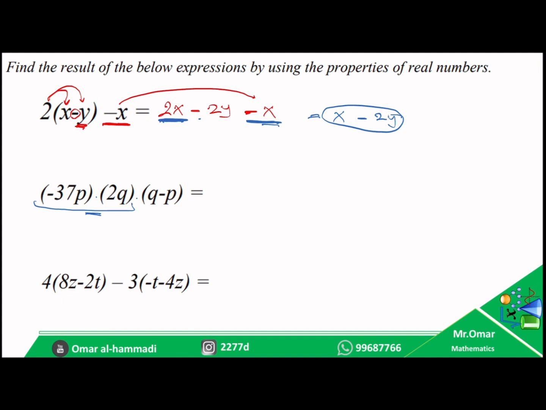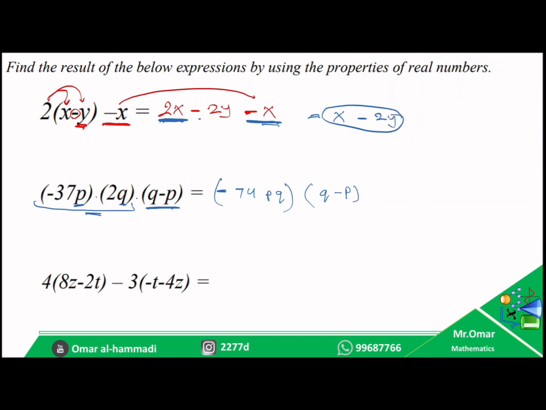Minus 37 multiplied by 2 will give us minus 74. And these are the two variables, we will do it like this, p and q. This is the first one. And that one, we will write it down, (q minus p). Okay, this is the first step.